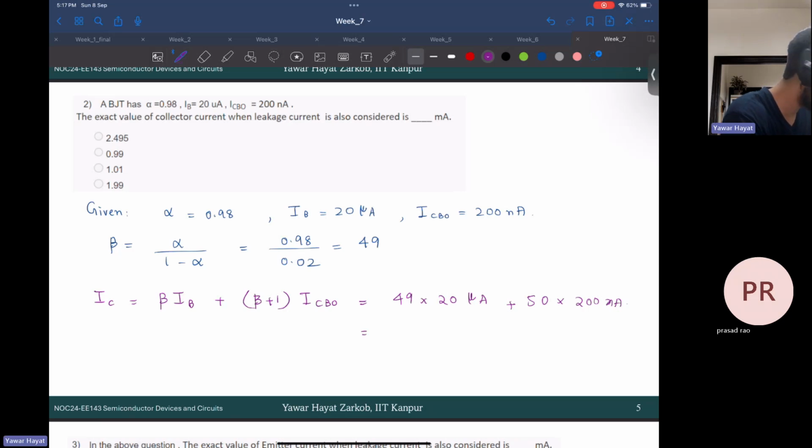In terms of microamps, this would be 980 microamps plus your 10 microamps, right? Which is your 990 microamps, right? But we have been told to convert this into milliamps, so we'll do that. So this is your answer. IC would be equal to 0.99 milliamps.